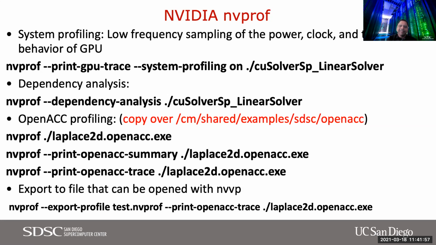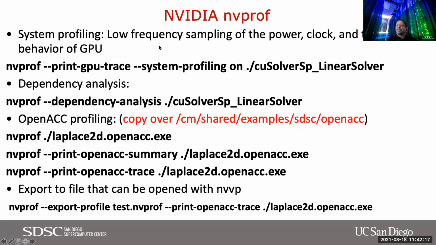It shouldn't, but we have seen that happen on Comet a few times, and we have to go back and look at the node to see if something needs to be fixed, like a slow fan speed or something that might cause things to heat up and hit the limits.